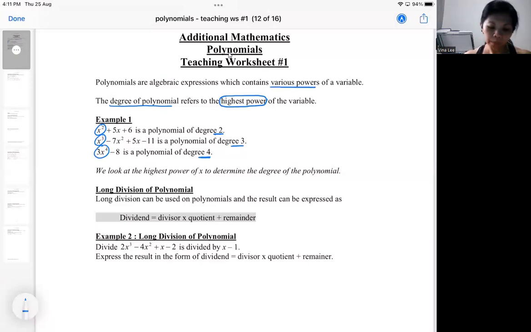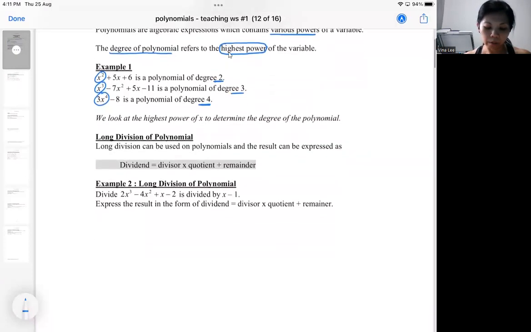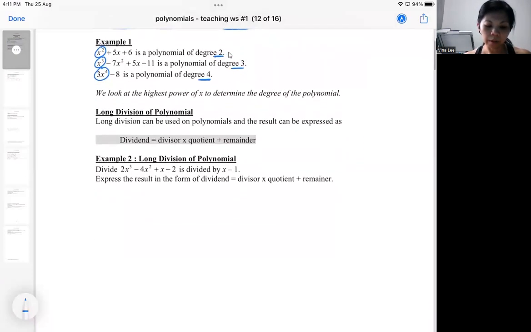So the first thing is you need to know how to do a long division. A long division is a bit like the kind that you did in primary school, except that we are not doing numbers, we are doing it in an algebra format. I use this example to show you.